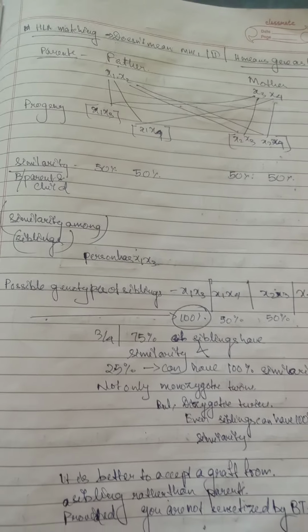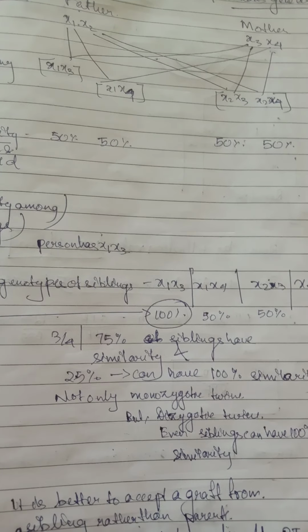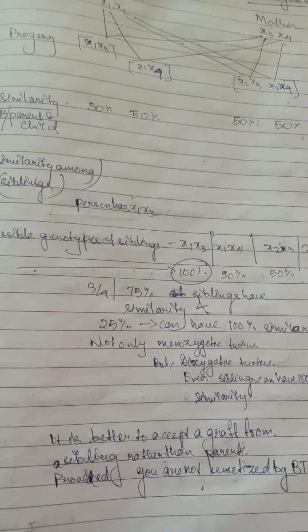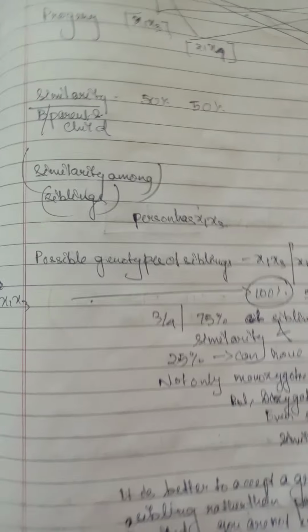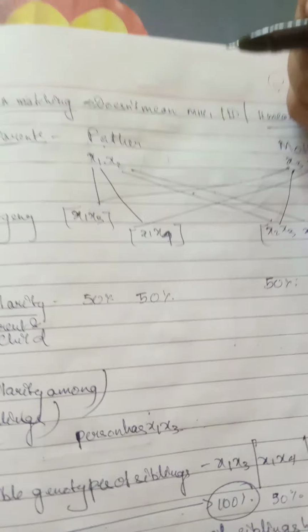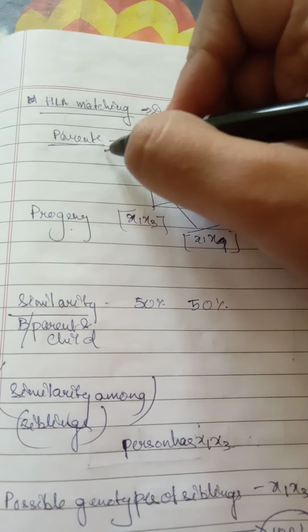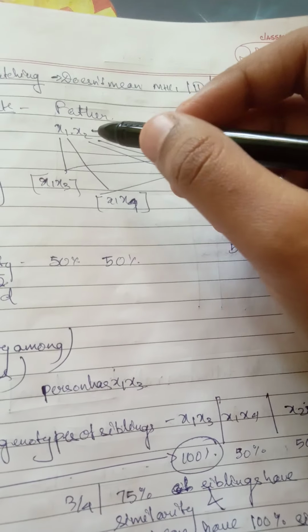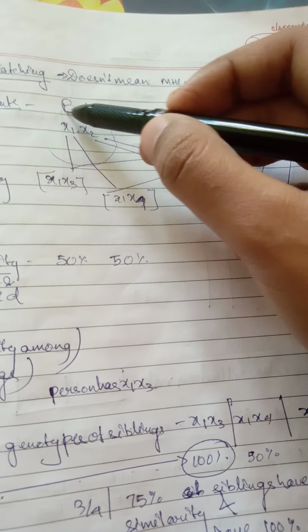Now, I would like to use Mendel's crosses to make you understand the HLA matching between a child and its parents and the child and its siblings. Suppose a child X, progeny X, has parents, father and mother.